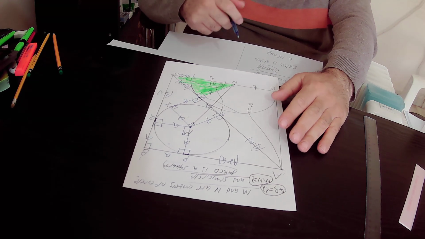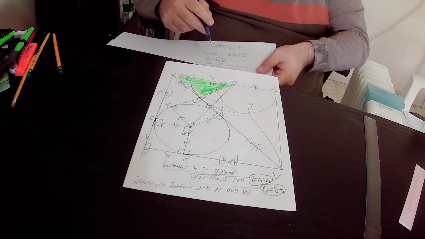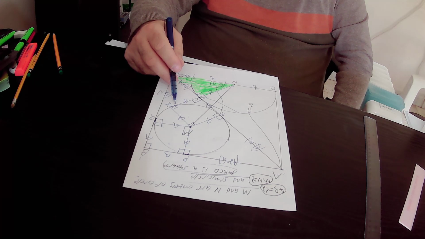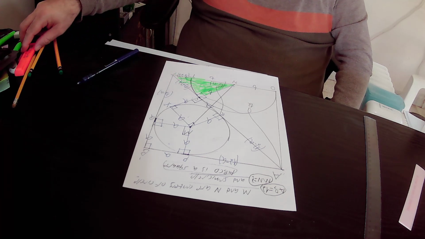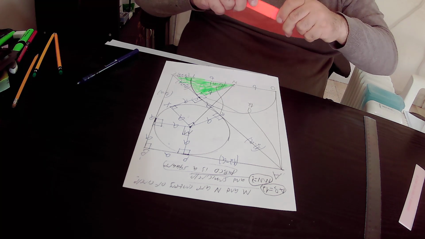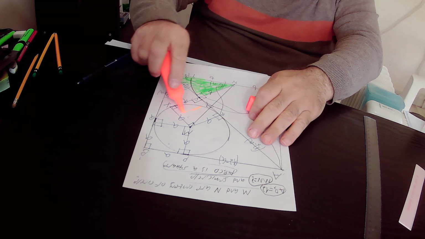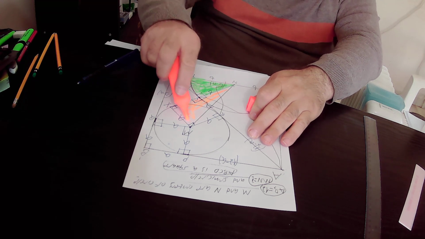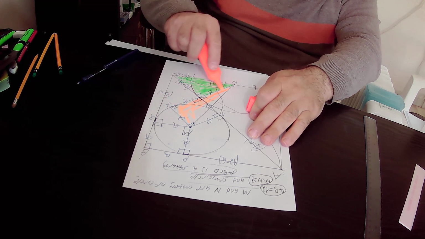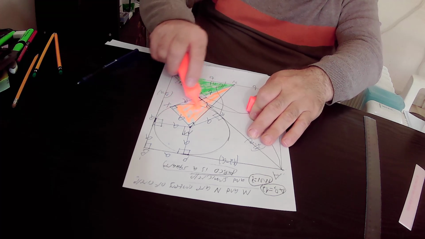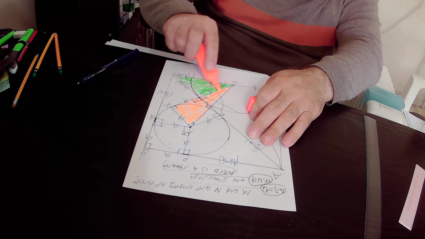So actually, in triangle MXN, angle MXN is a right angle, therefore triangle MXN is a right triangle. So we will implement the Pythagoras theorem on the right orange triangle, triangle MXN.